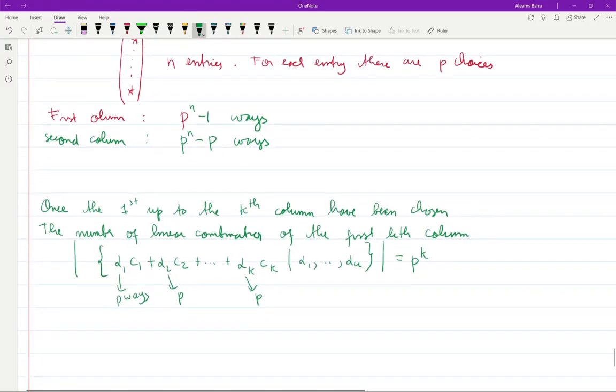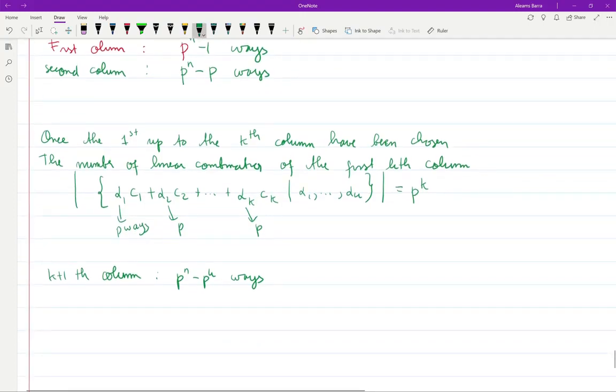So we can choose any vector from p to the n possibilities except all linear combinations of the first up to the kth column, and these are exactly p to the k. Therefore, the (k plus 1)th column can be chosen in p to the n minus p to the k ways.